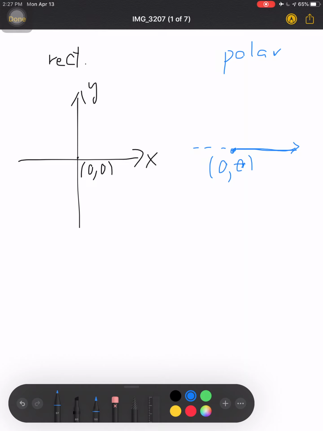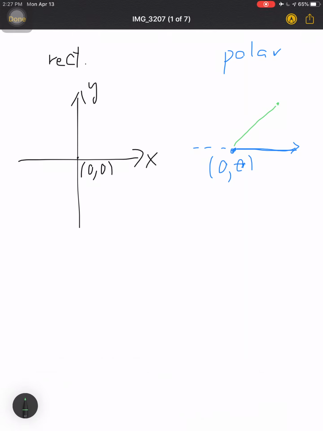So for example, let me do a random point here. I want to represent this point here. The fastest way, the direct way, is when we have the positive radius in here and theta to be acute, where theta is this angle and it has to go counterclockwise to be a positive angle. If it goes clockwise, then it's going to be negative, okay? And this is r, okay?